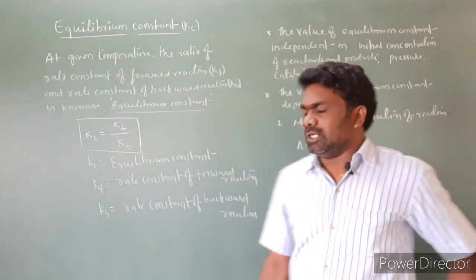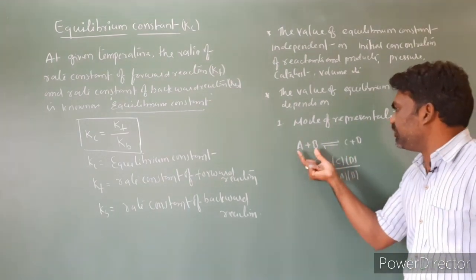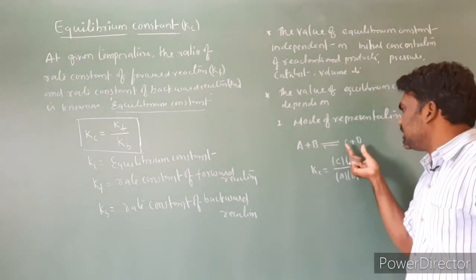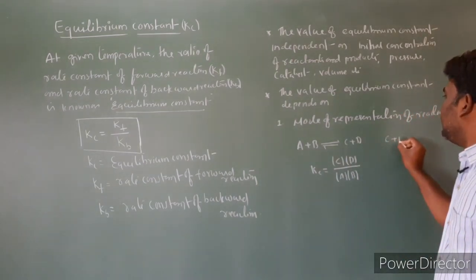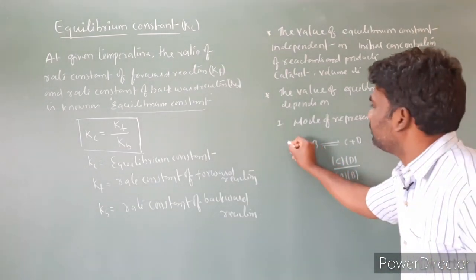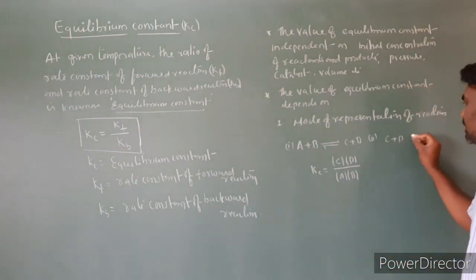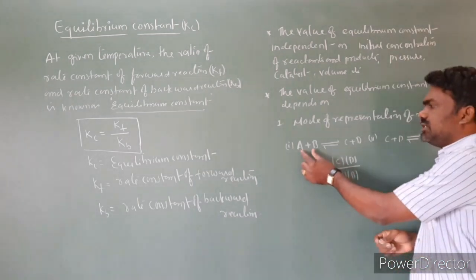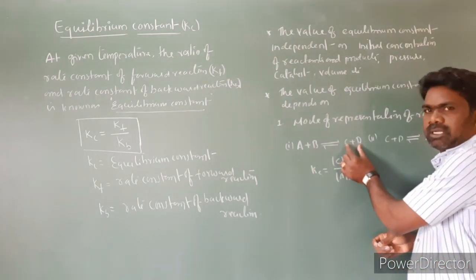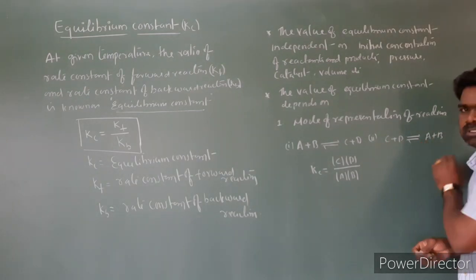It's clear. Now I'm taking the reverse equation. In this equation A plus B are the reactants, so C plus D are the products. So I'm reversing the equation. Then C plus D are the reactants. I'm labeling this as 1 and this as 2 for convenience. Gives rise to A plus B. Here C plus D are the reactants, so A plus B are the products.